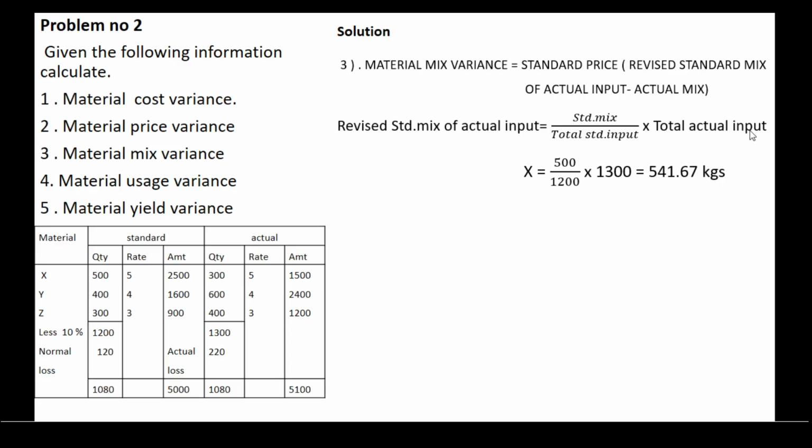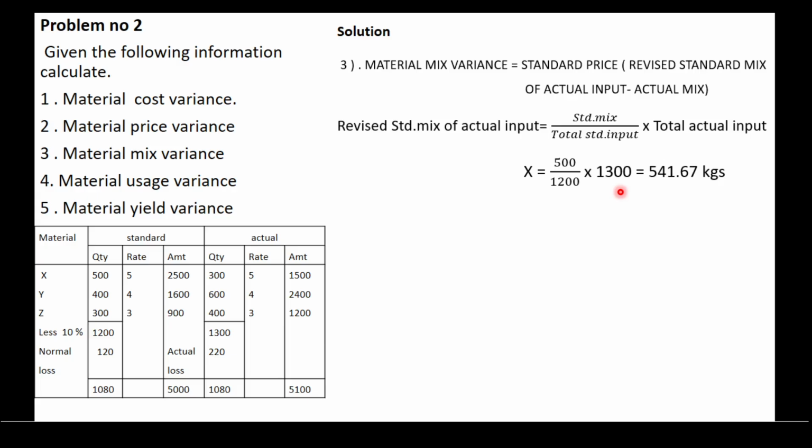So here the standard mix of material X is 500 quantities, total standard input is 1200, and the total actual input is 1300. So 500 divided by 1200 into 1300. So now the revised standard mix of actual input is 541.61 kgs.